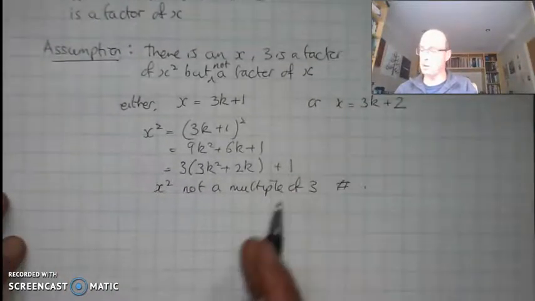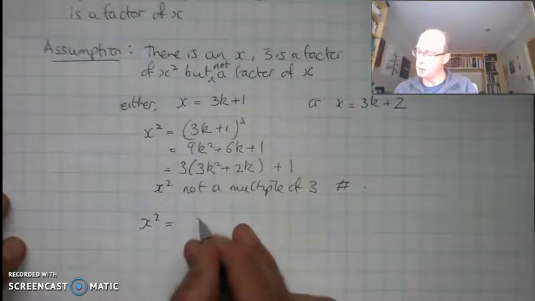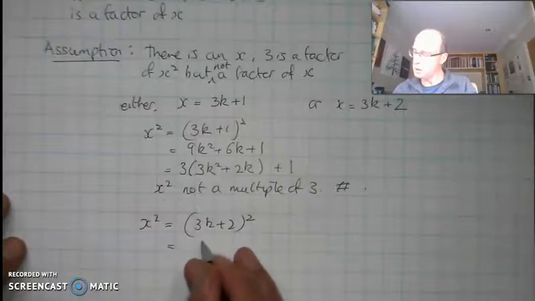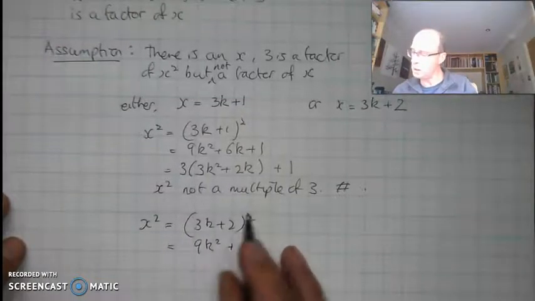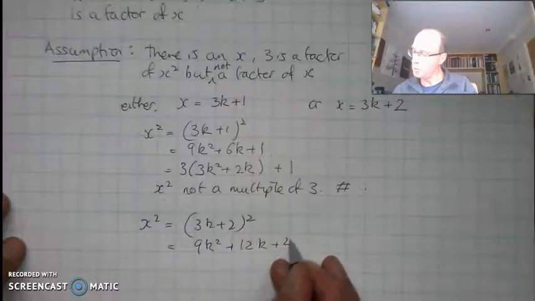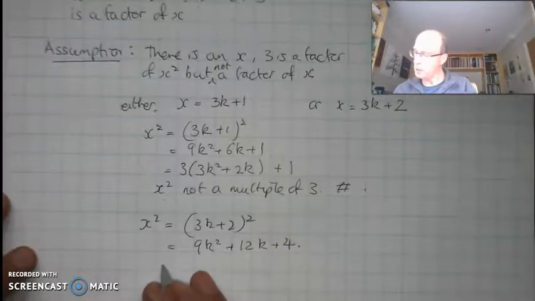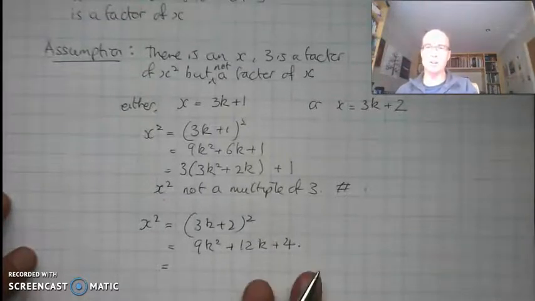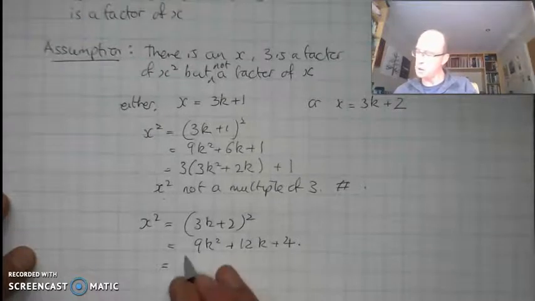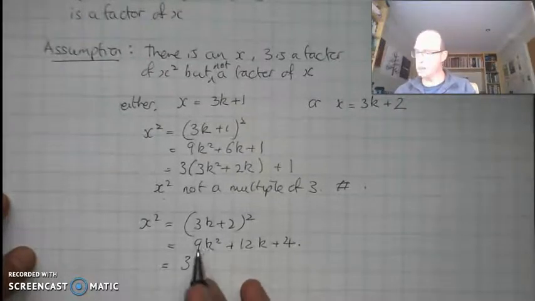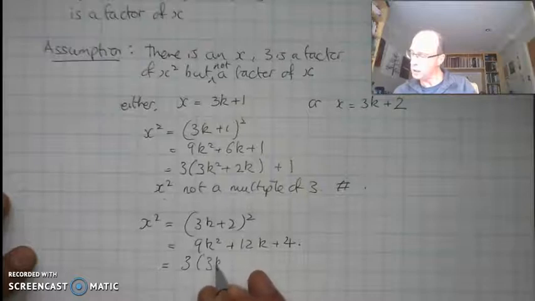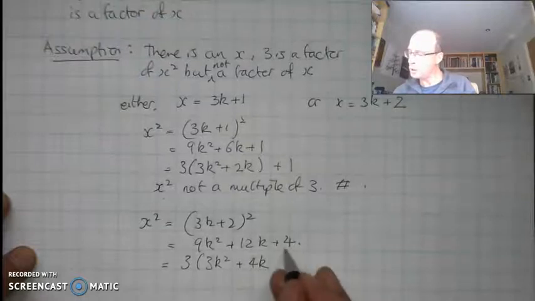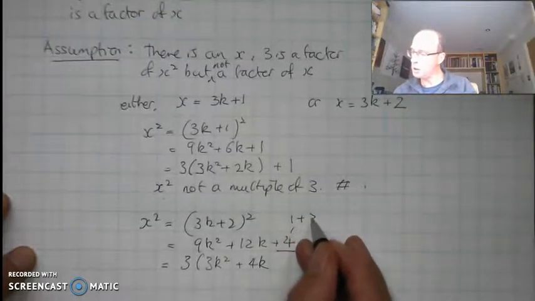Let's have a look at 3k plus 2. So x squared is going to equal (3k plus 2) all squared. That's going to be equal to 9k squared plus 12k plus 4. I'm going to factorise this. I'm going to be quite clever, because what I'm trying to prove is that it's not a multiple of 3, so I'm just going to leave 3 outside my bracket. I'd end up with 3k squared plus 4k, and what I want to do with this plus 4 is split it into 3 plus 1.